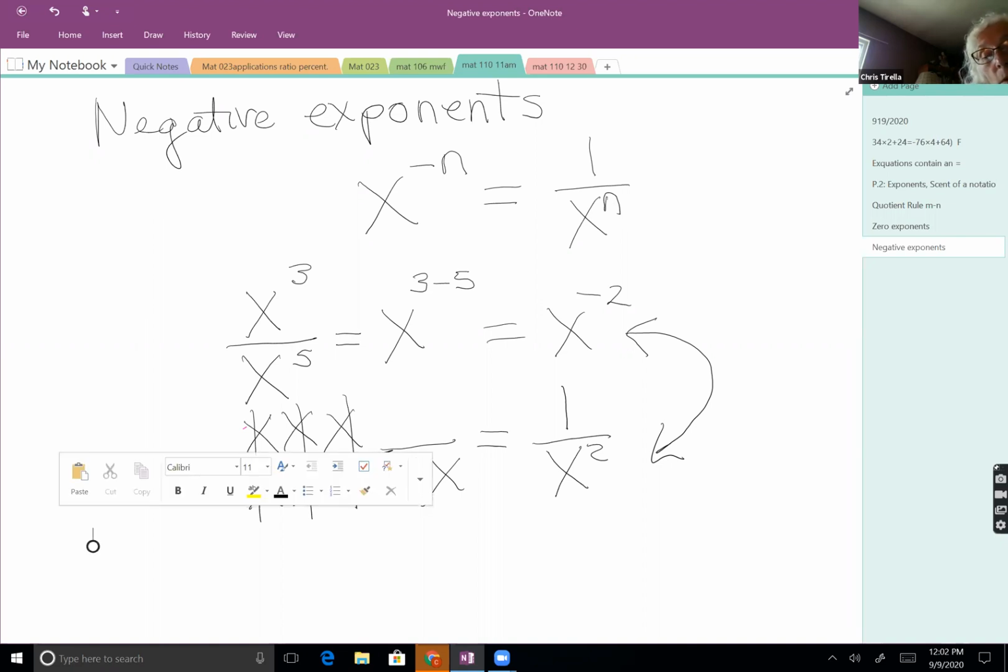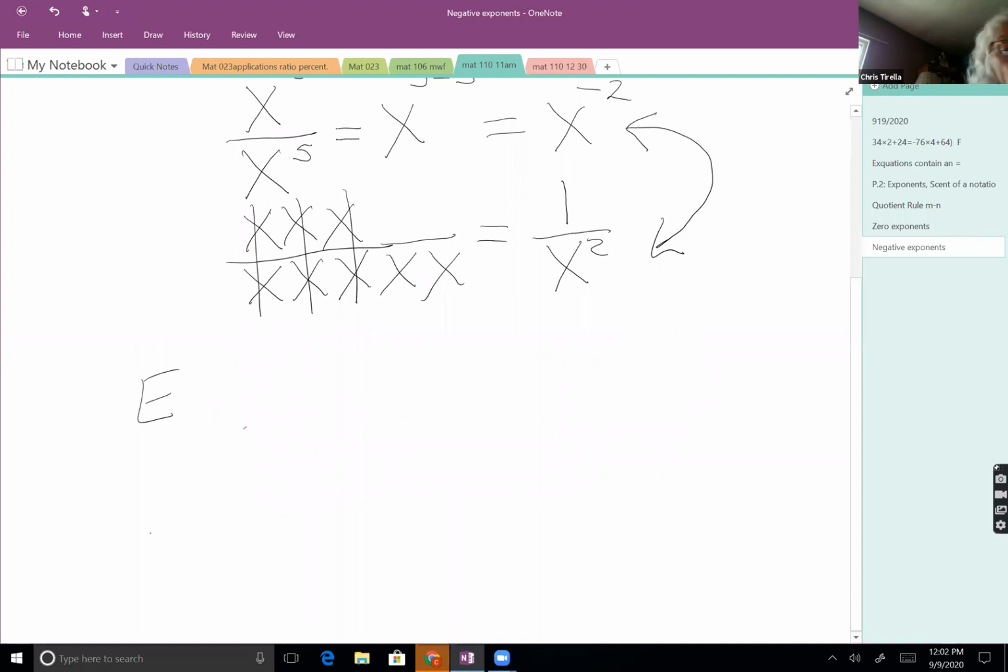So, for example, if I have y to the negative third, that means 1 over y to the third.